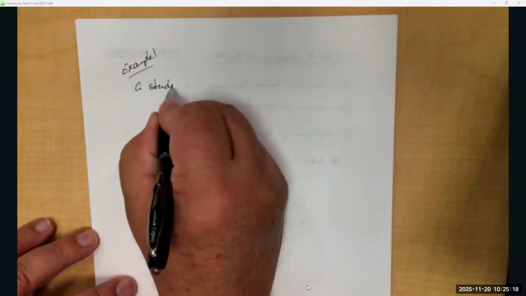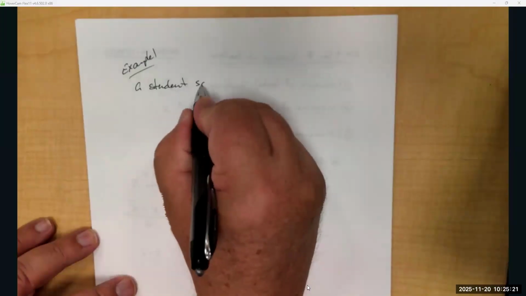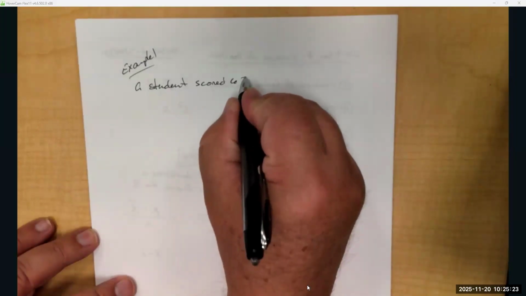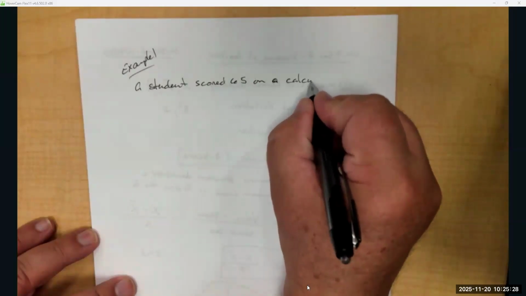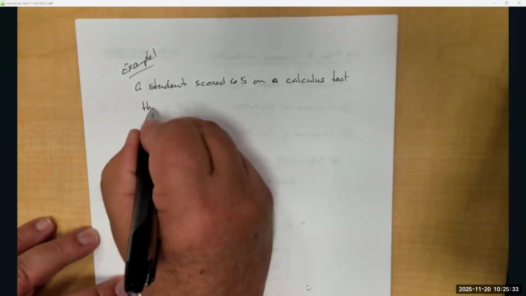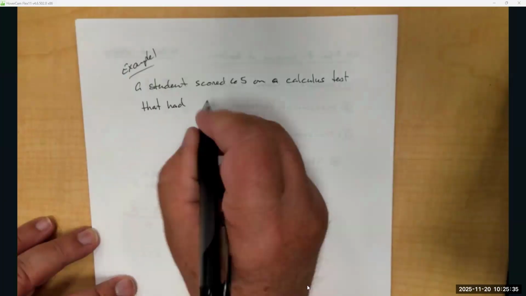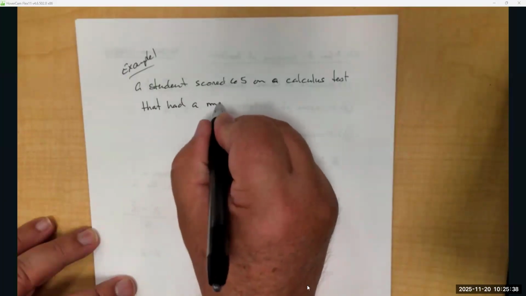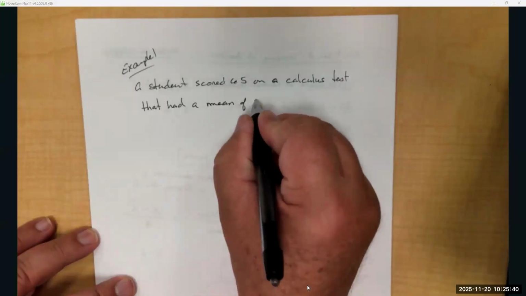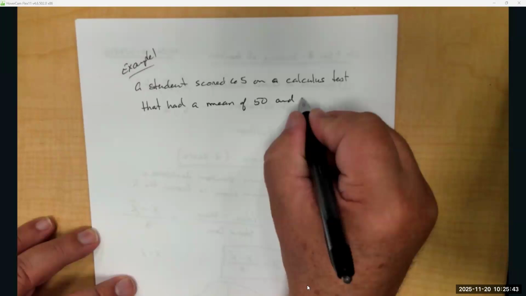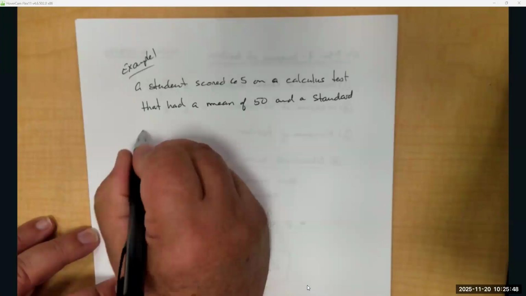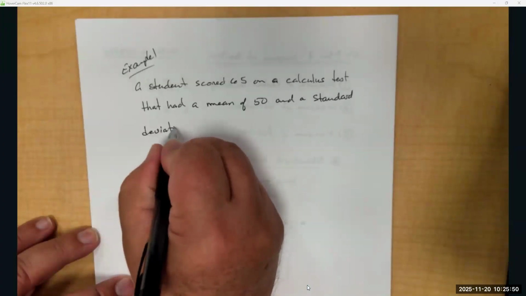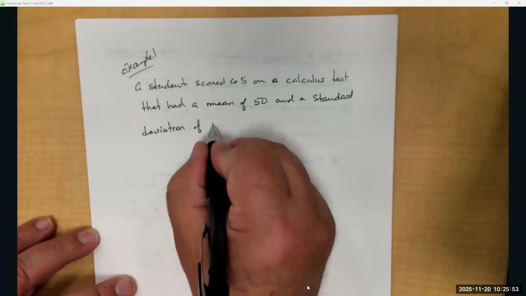A student scored 65 on a calculus test that had a mean of 50 and a standard deviation of 10.